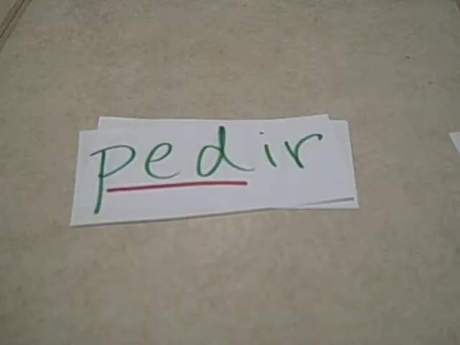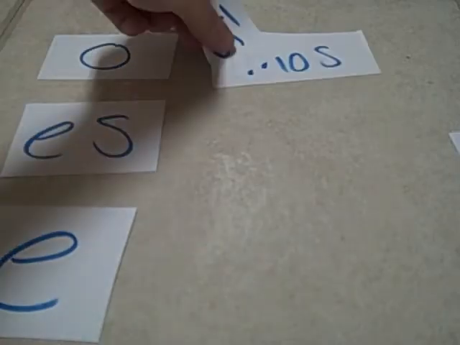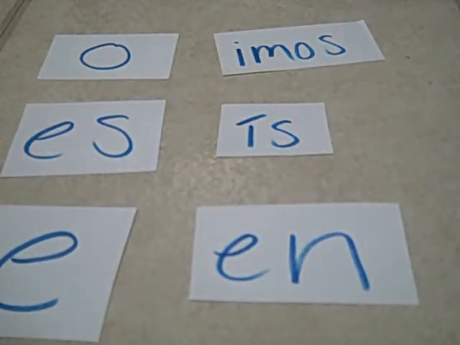Pedir is an IR verb, so the endings we use will be o, es, e, imos, ís, and en, which you already know.